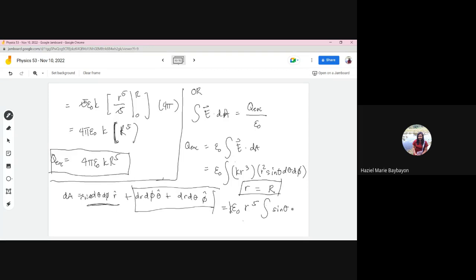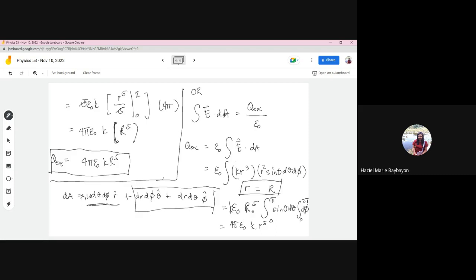It is a surface integral: sine theta d theta from 0 to pi, and d phi from 0 to 2 pi. Do we get the same? Okay, so you have 4 pi here. We get the same: 4 pi epsilon naught multiplied by k R to the 5th.